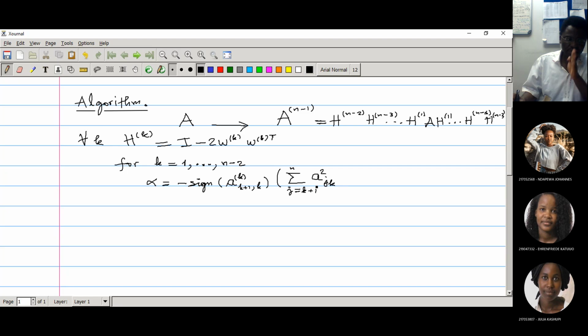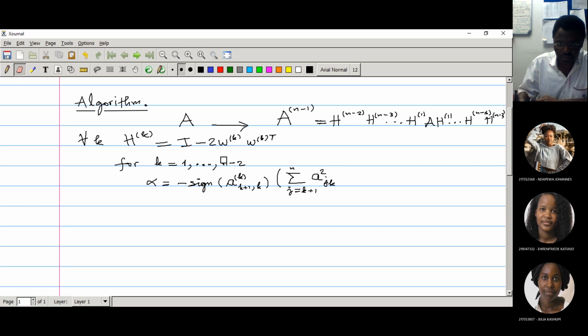If I compute for the first time, it will be the first column, when k is equal to 1. If k is equal to 2, second column. So this is the column of that entry, so this should carry the k to indicate the order.